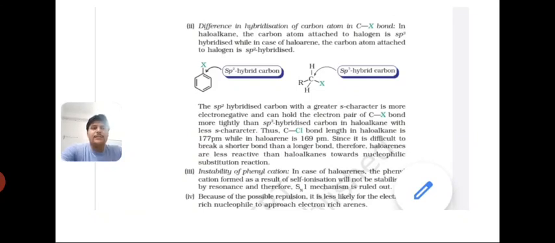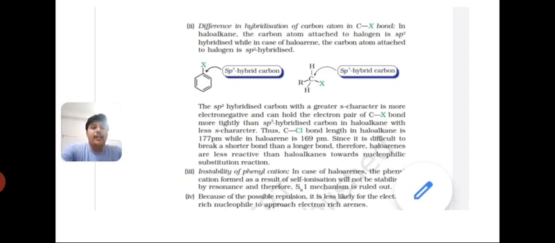Now the second is the difference in hybridization of carbon atom. Students, the carbon of alkyl halide is sp3 hybridized and the carbon of aryl halide is sp2 hybridized. So greater s character is present in sp2 hybridized, that means in aryl halide.